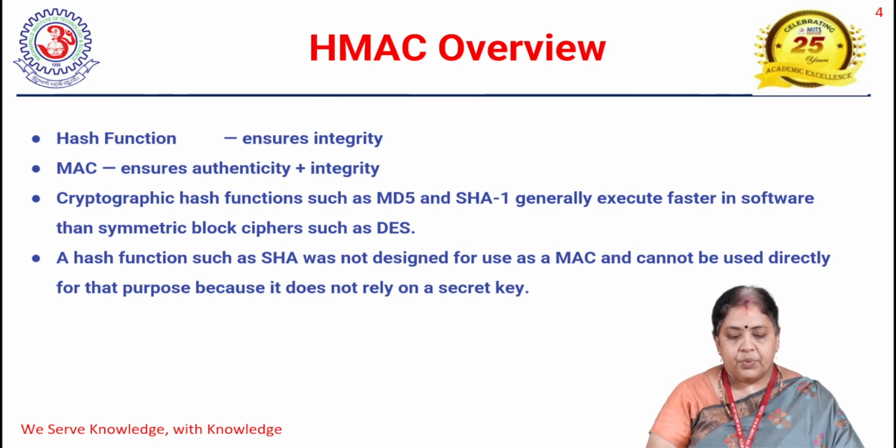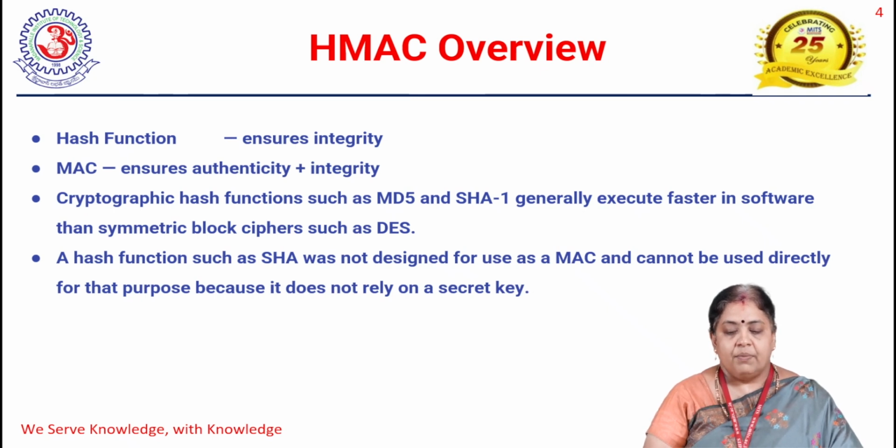Cryptographic hash functions such as MD5 and SHA-1 generally execute faster in software than symmetric block ciphers such as DES. So why do people prefer to use the hash function instead of the MAC?